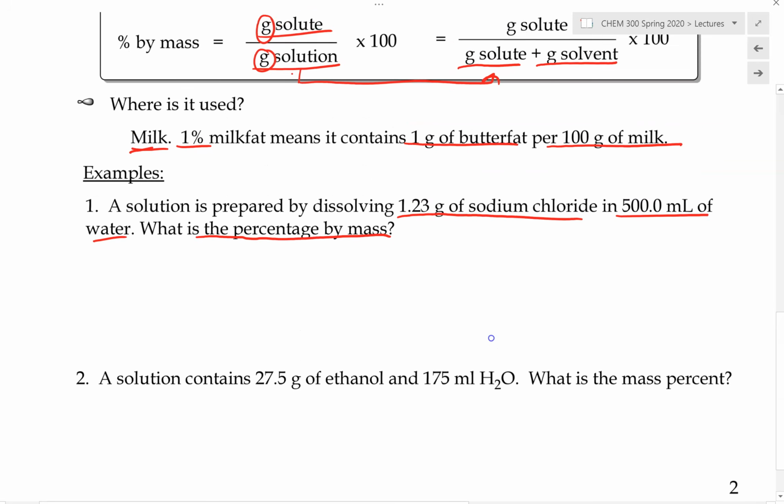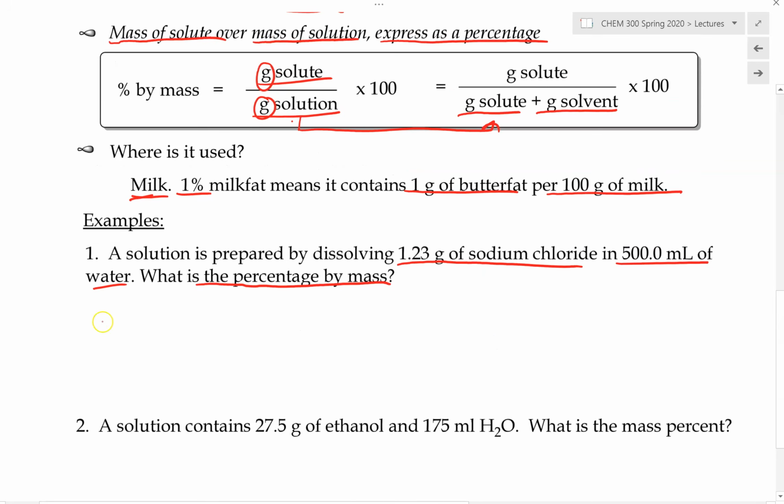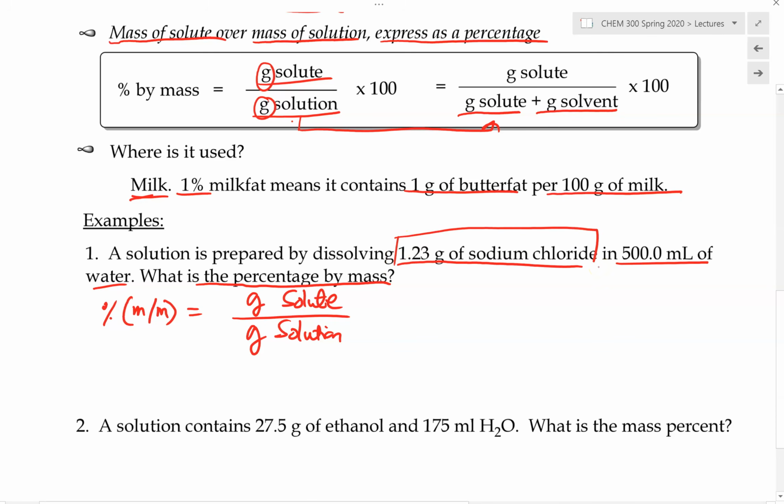If we recall this equation, the percentage by mass, or percentage of m over m, would equal gram of solute over gram of the solution. And here in this case, sodium chloride is the solute, and its mass is 1.23 gram. So we have 1.23 gram of solute over the mass of the solution.